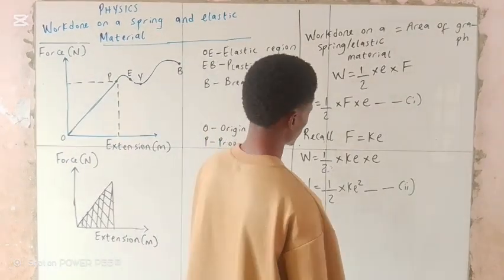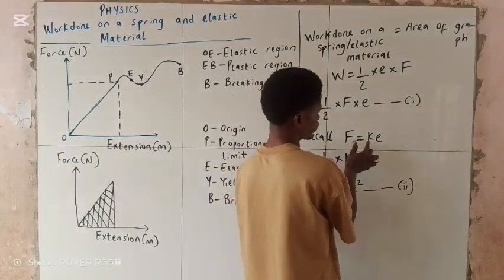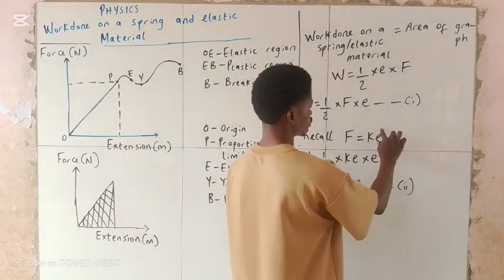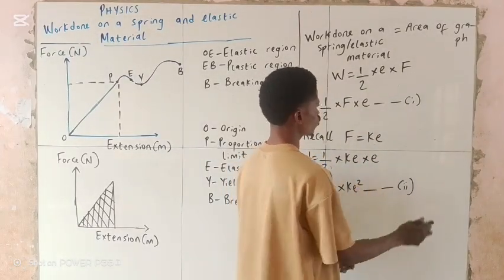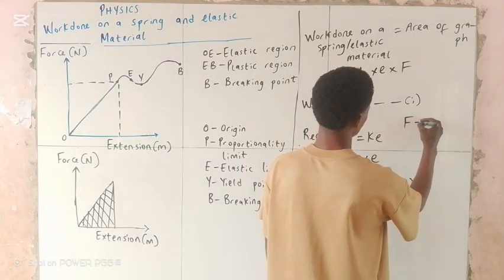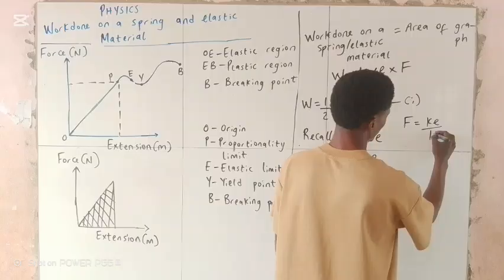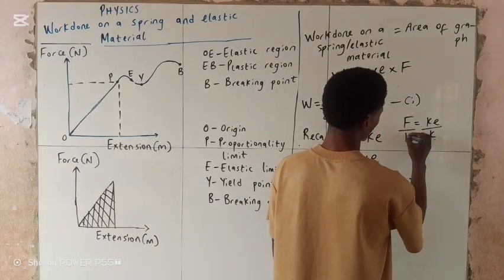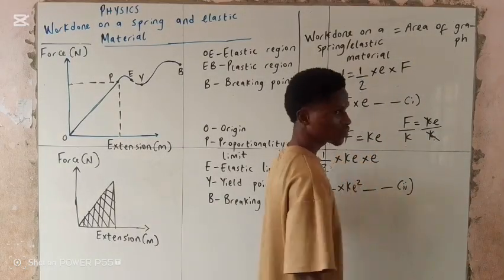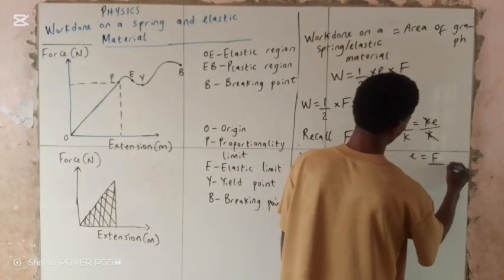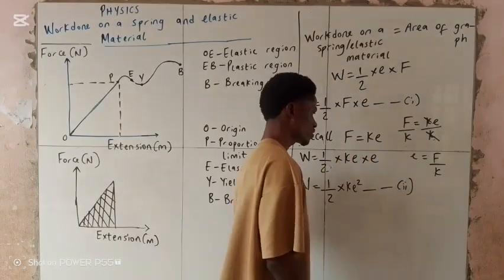Let's not forget, if force equals spring constant times extension, and I make the extension stand alone, I'm going to have F equals Ke. Ke cancels Ke, so I can have my extension equal to force over spring constant.